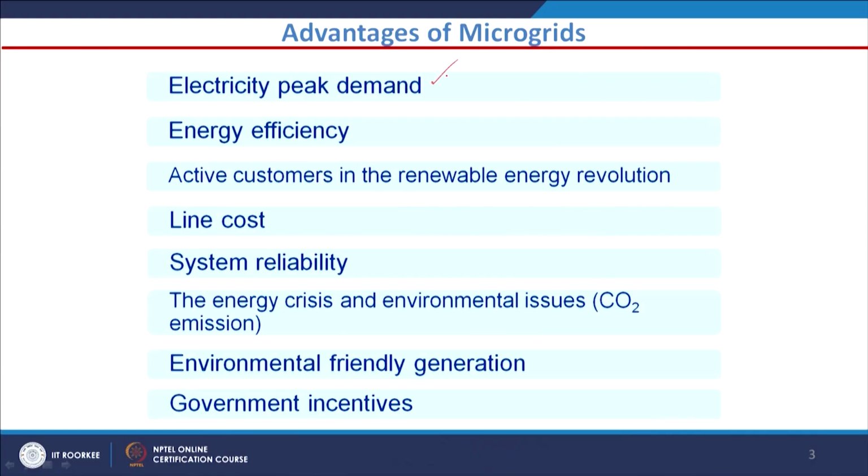What are the advantages of microgrids? Basically, it has electricity peak demand, energy efficiency, active customers in the renewable energy revolution, line cost, system reliability, and so on. If you see all these advantages concerned with the microgrid system, that is why we are interested in the smart grid environment.